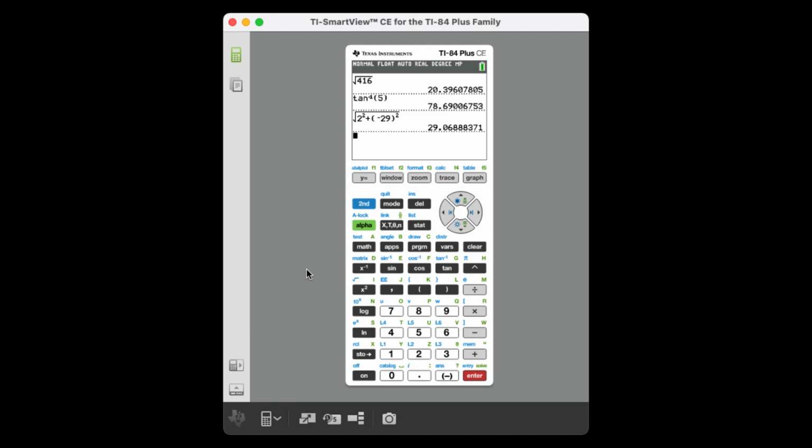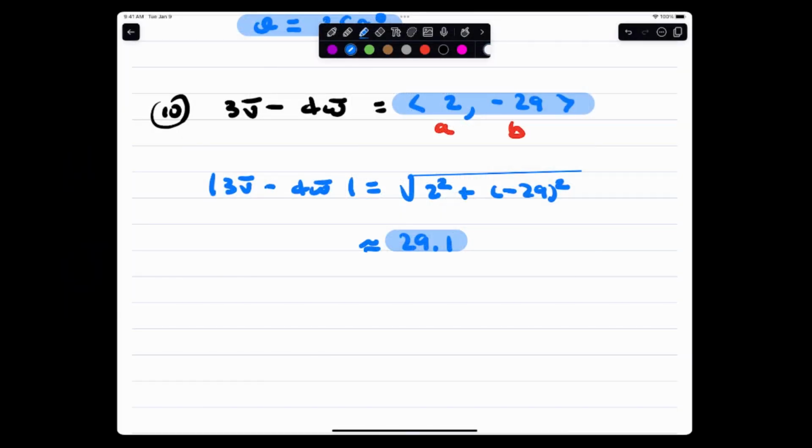What's your answer going to be? To the nearest tenths. Isn't that 29.1? Is that true? 29.1, ladies and gentlemen. Easy peasy lemon squeezy.